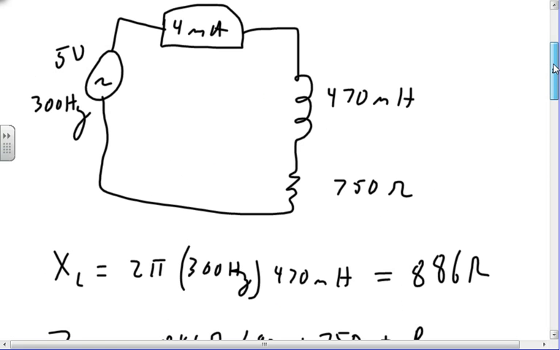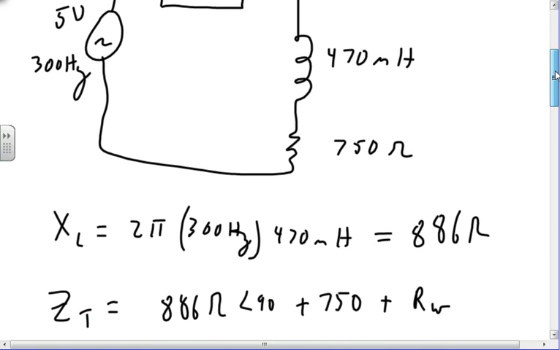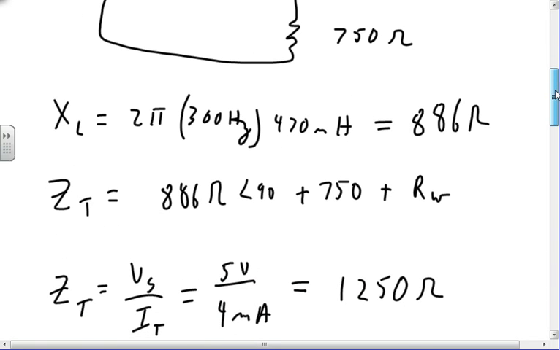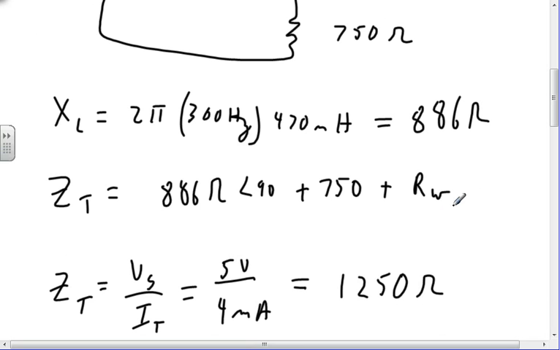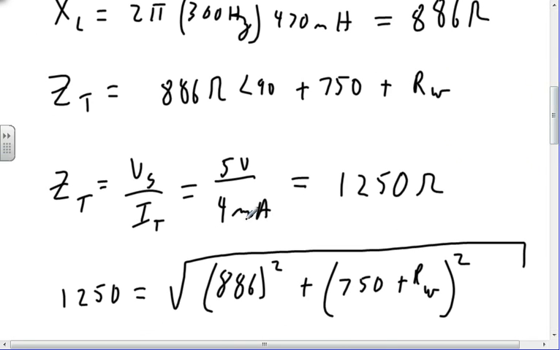Okay, so I had to find the total. I had to find the reactance. I had to find the total resistance. I had to remember that the winding does have some resistance in it. If I don't remember that, then I can't solve the problem. I can find the total impedance by just the voltage divided by the current, which I know.